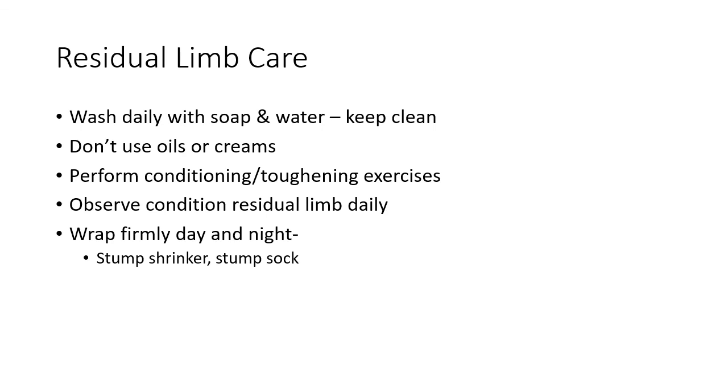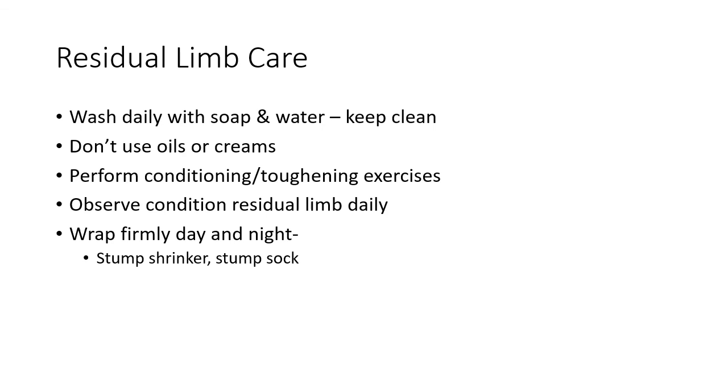So how do you care for the residual limb? Wash daily with soap and water, keep it clean and dry. Do not use oils or creams on the residual limb. Perform conditioning and toughening exercises. They need muscle strengthening because in the future when they are using the prosthesis, they need to have that strength.